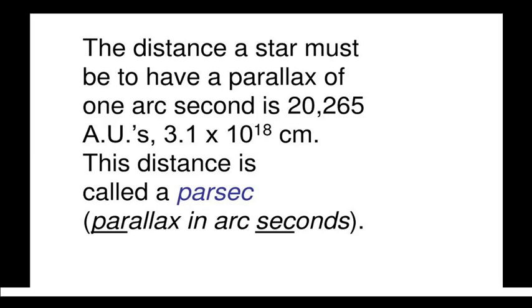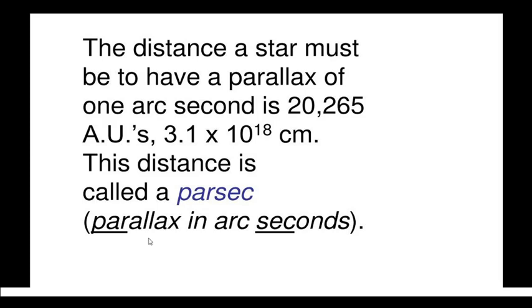So 1 astronomical unit divided by 1 arc second will give you this value. 1 astronomical unit, you know the value, and 1 arc second we had calculated, and dividing those values, you will get 3.1 into 10 raised to 18 centimeter. In meter it will be 3.1 into 10 raised to 16 meter. So this distance is called a parsec.